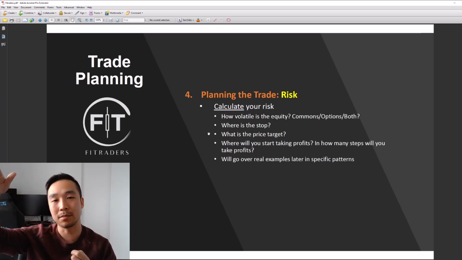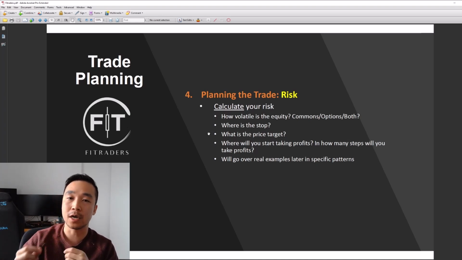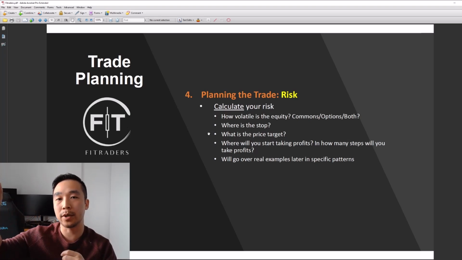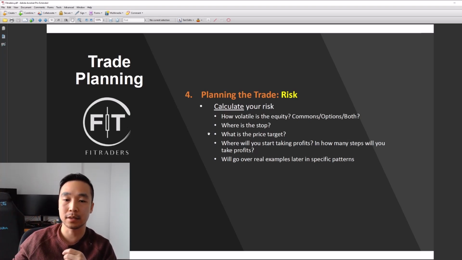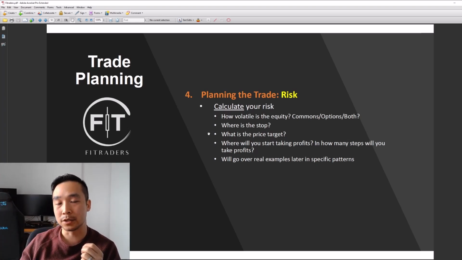So where's that new high compared to where your stop is? Then you can figure out your risk to reward, because your risk is how much you're risking before your stop hits, and your reward is the breaking of that new high and potentially into another bull flag and continuation of the trend. So that's going to be your price target.